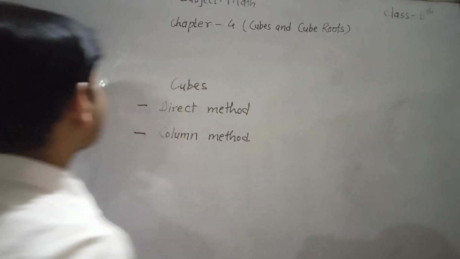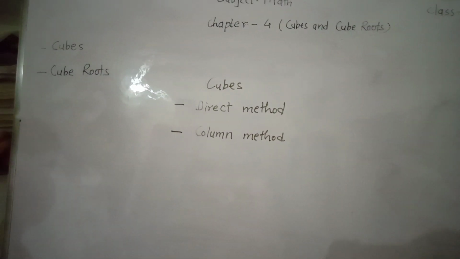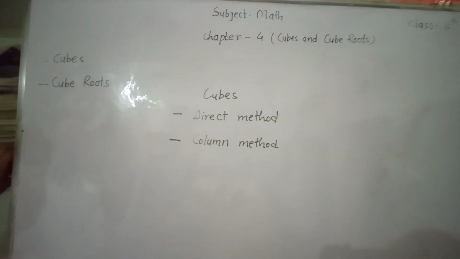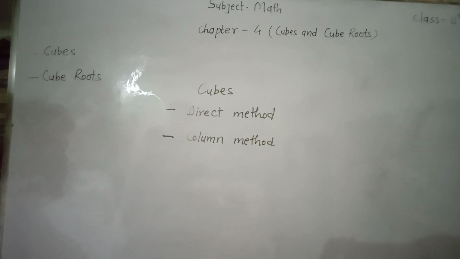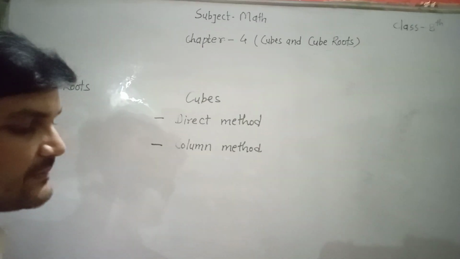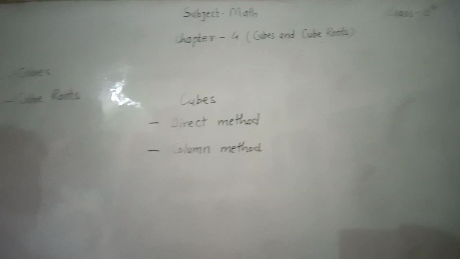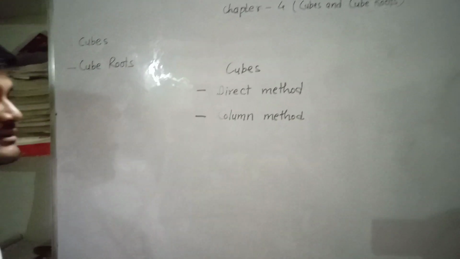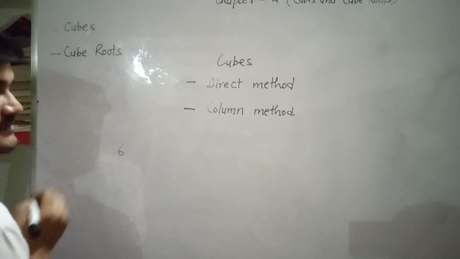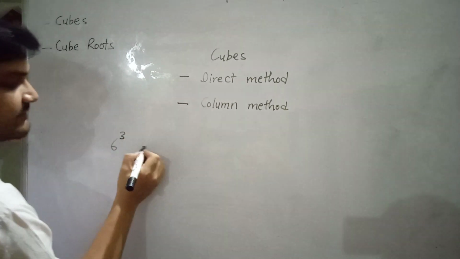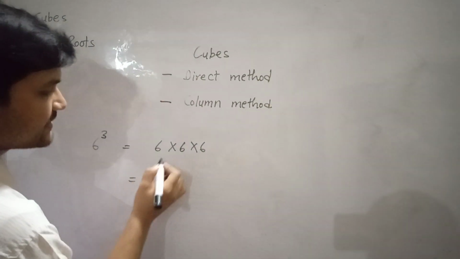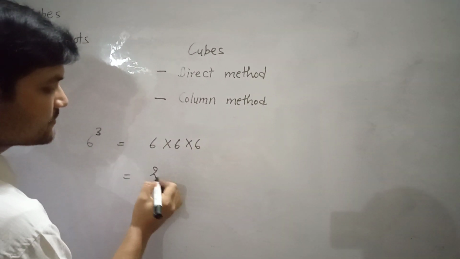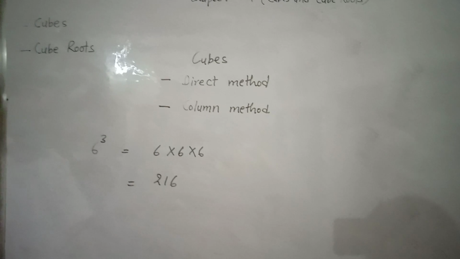If we want to find the cube of any number by using the direct method, then simply we can multiply the number by itself 3 times. Suppose we want to get the cube of 6, then we will multiply the 6 three times. So we will get 216.